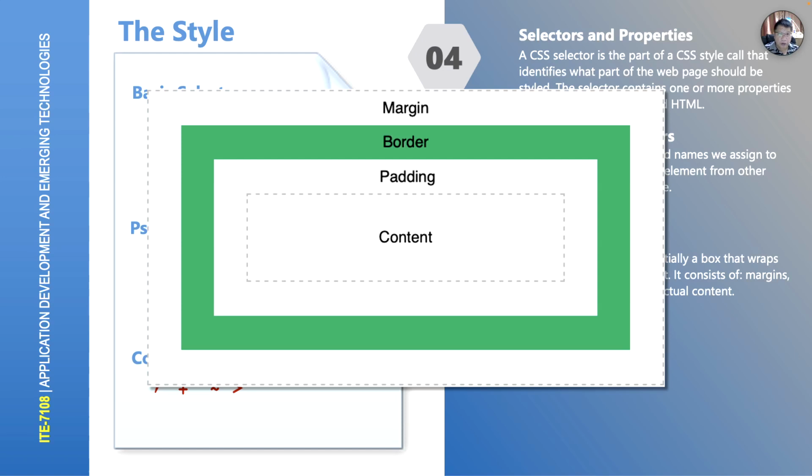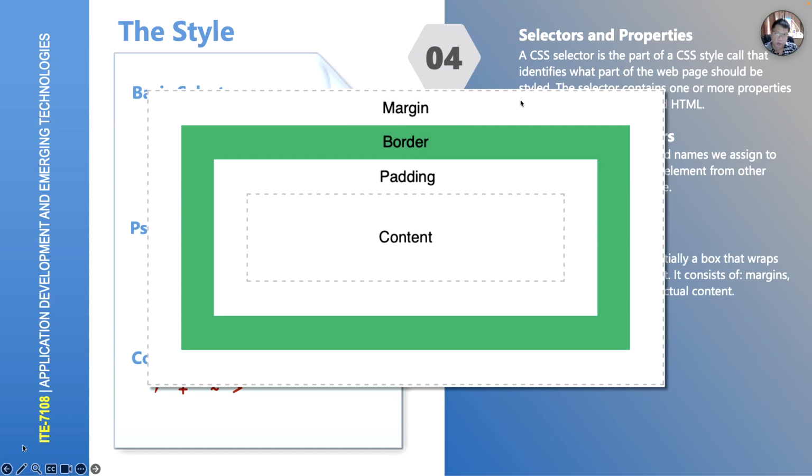The border goes around the padding and content. Normally, it's not this thick; we are just illustrating it. It's just like the border of your box. And margin is the distance from the border to the outside of the element.